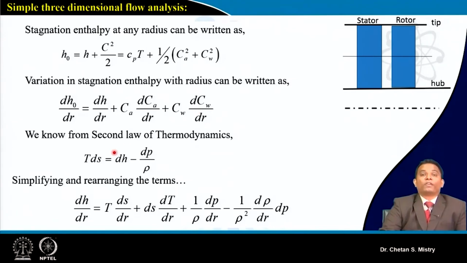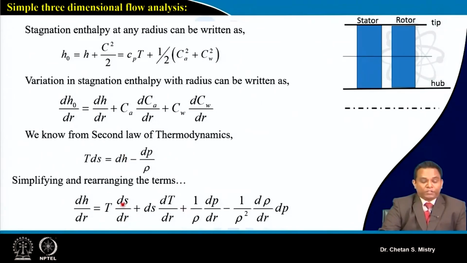Now we have our fundamental equation from the second law of thermodynamics, T dS, which is given by dH minus dP by rho. If we write this equation in terms of variation along the radius, it can be reformed into this equation.